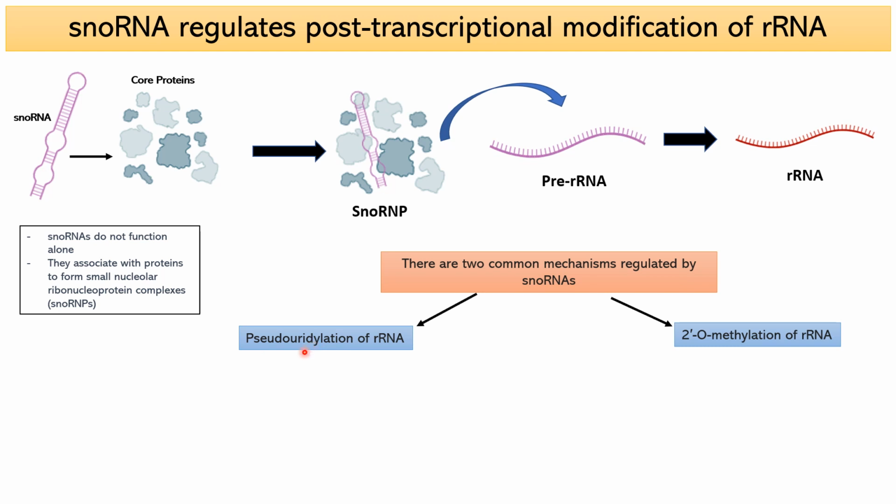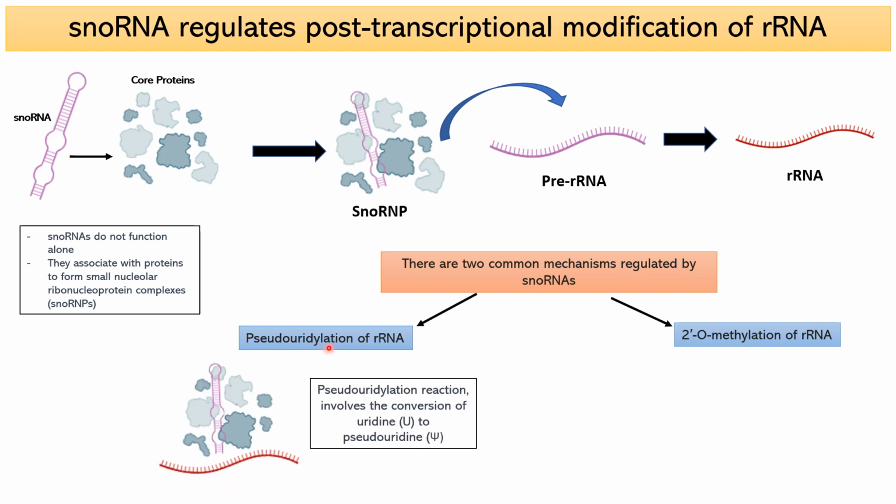So what is pseudouridylation of ribosomal RNAs? The small nucleolar RNA will catalyze a reaction that converts uridine within the ribosomal RNA to pseudouridine.